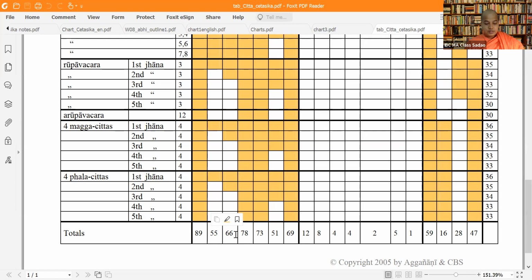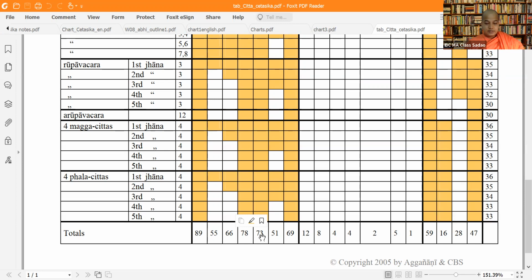Similarly, if you minus 66 chittas from 121, it is 55. And then 11, because if you minus 78 chittas from 89, you have 11 chittas.